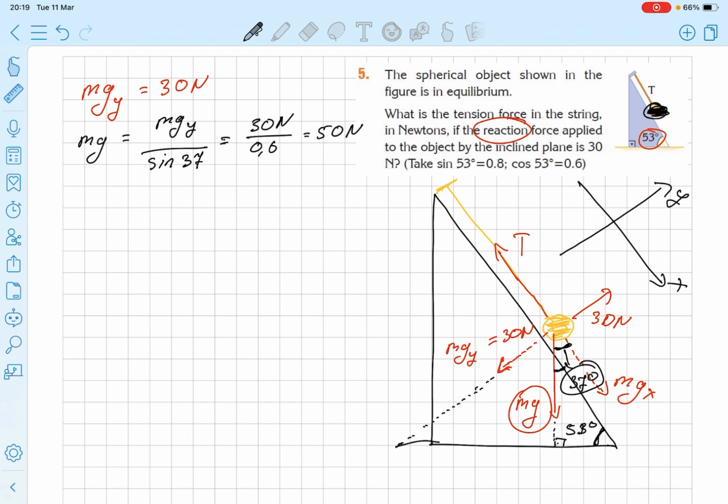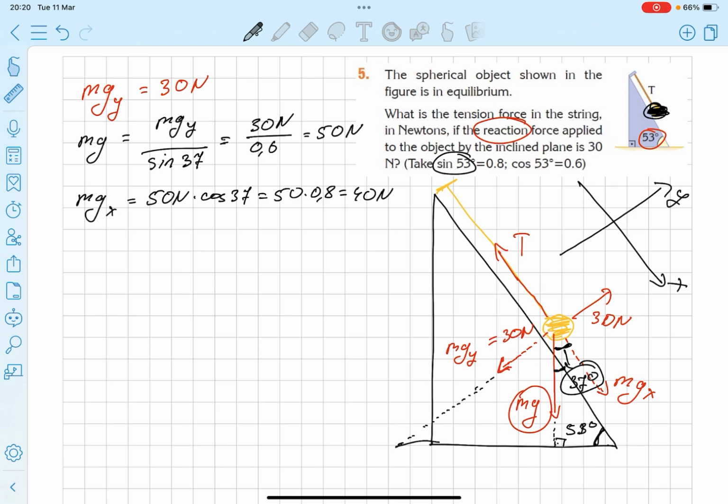From this one we can define mg by x. Mg by x is equal to 50 newtons, the weight of the object, times we use cosine of 37. Cosine of 37 is equal to sine of 53, which is 0.8. So 50 times 0.8, which is equal to 40 newtons.